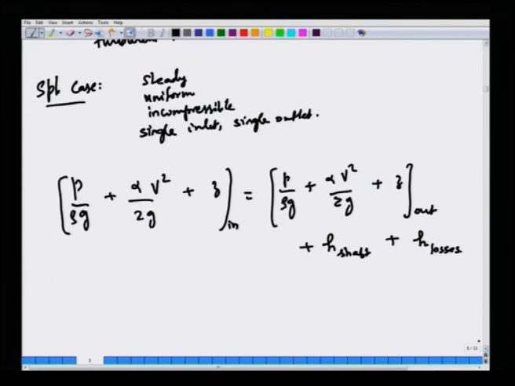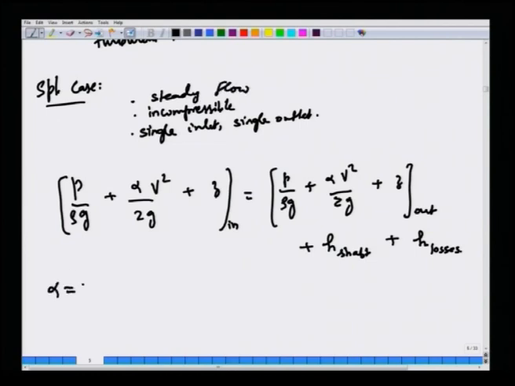This is a special case where you assume steady flow, incompressible fluid, and single inlet, single outlet, but we are not considering uniform flow anymore, because you are removing the uniform flow assumption by introducing the kinetic energy correction factor.